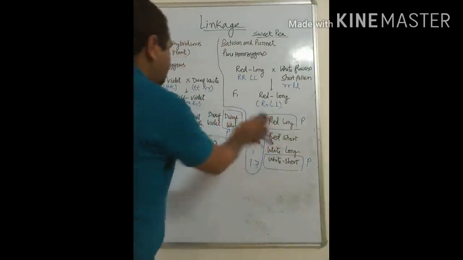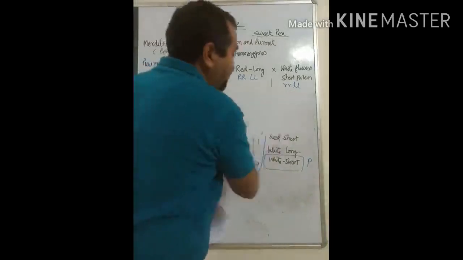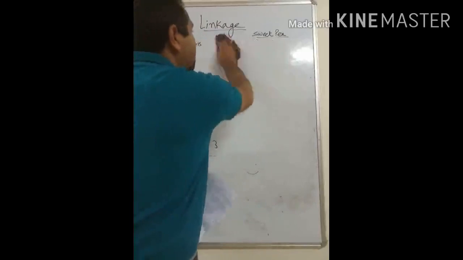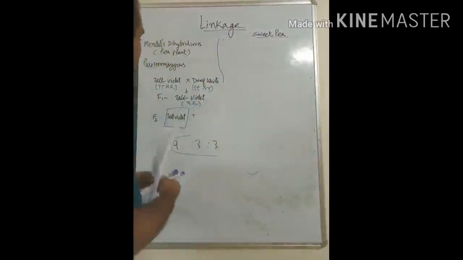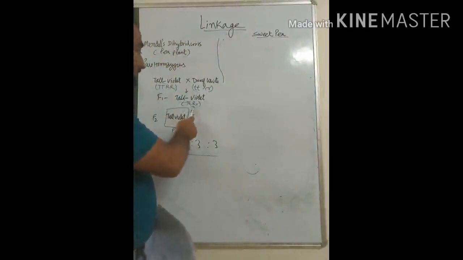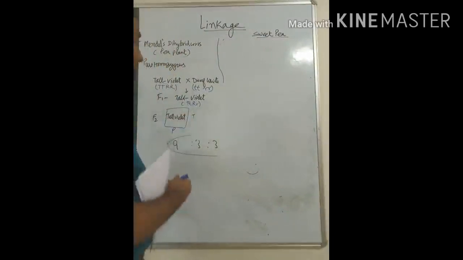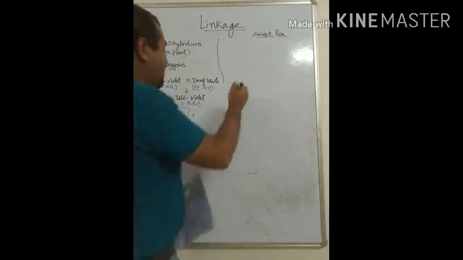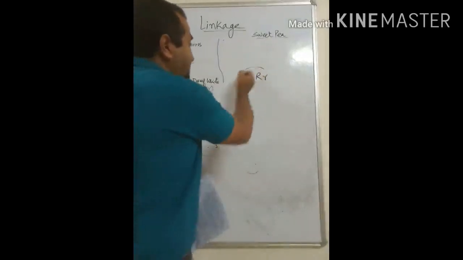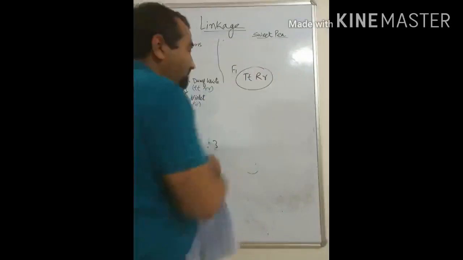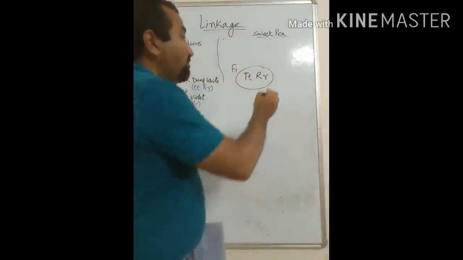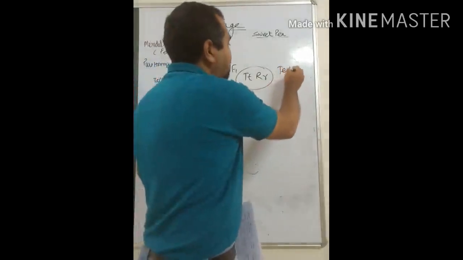Now we observe what type of gametes the F1 plants are producing. As we know, in the case of this pea plant, this is a hybrid plant, and its genotype is capital T, small t, capital R, small r. What type of gametes this F1 plant produces can be observed through a test cross.